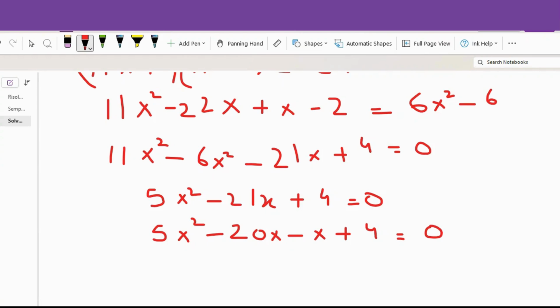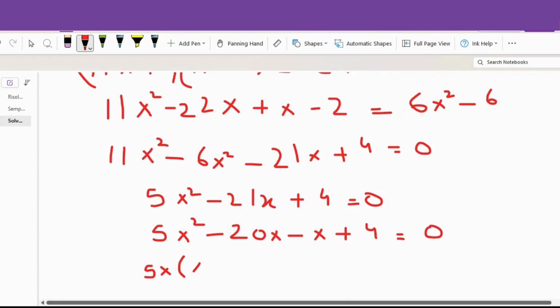Now 5x is taken out as common, and here we take 1 out as common, so it's going to become x minus 4 as well.